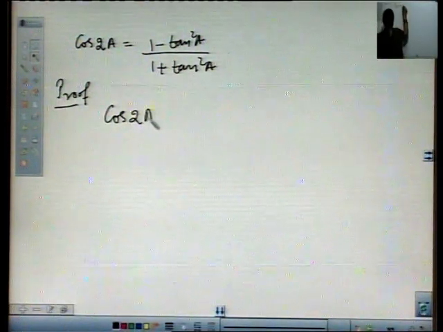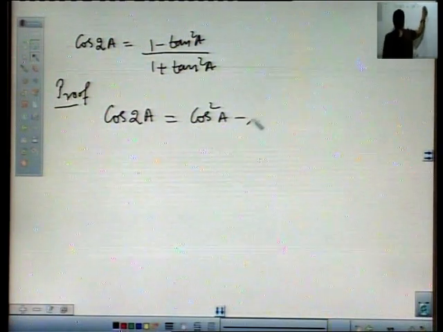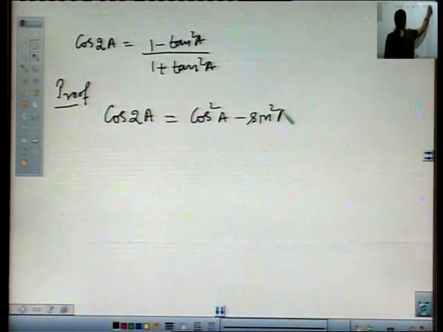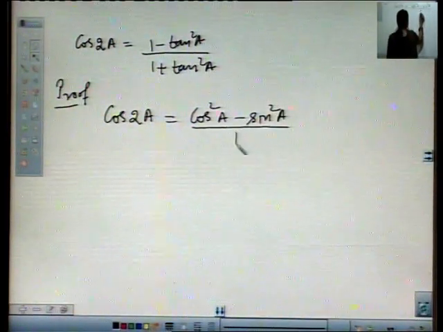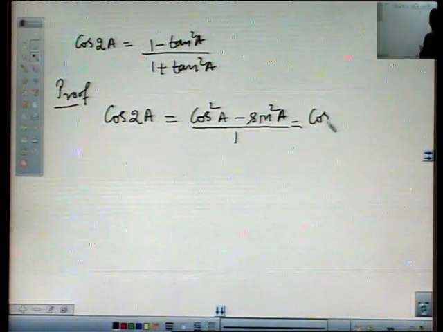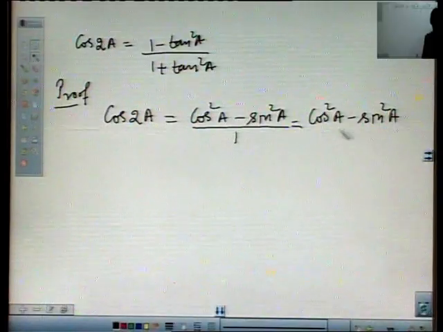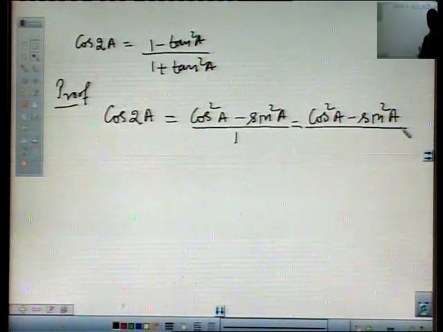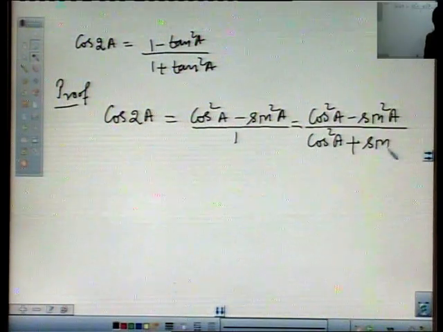We know that cos 2a is cos square a minus sin square a, and here is 1 in the denominator, and cos square a minus sin square a, and 1 is cos square a plus sin square a.